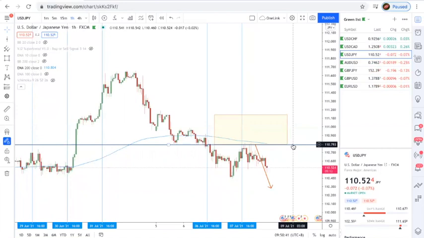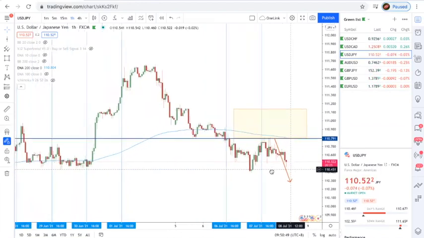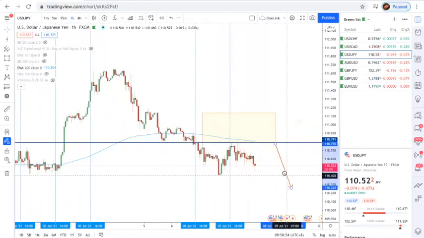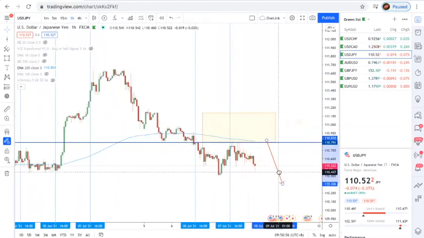It doesn't change. The entry point for the sell will remain the same, and the market will tend to go to that particular area again.